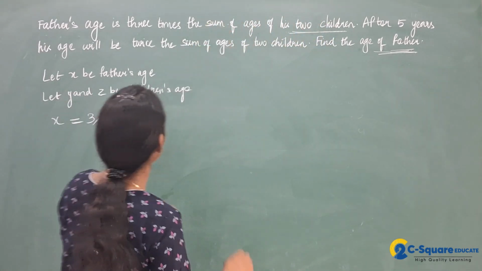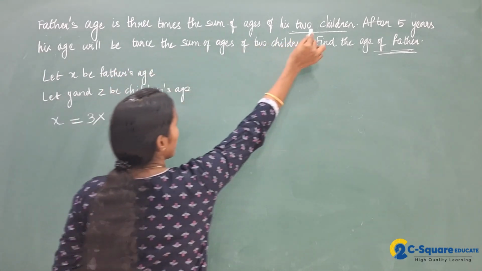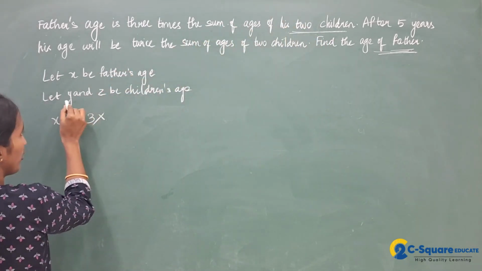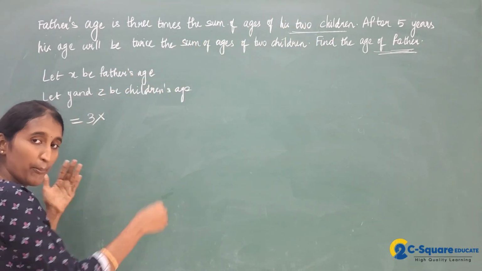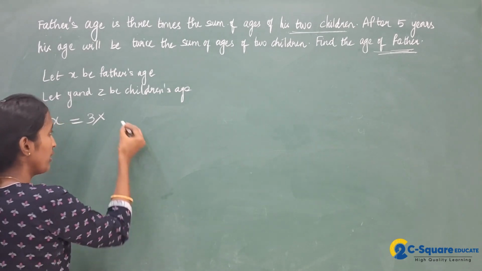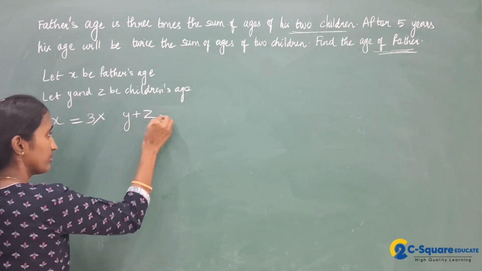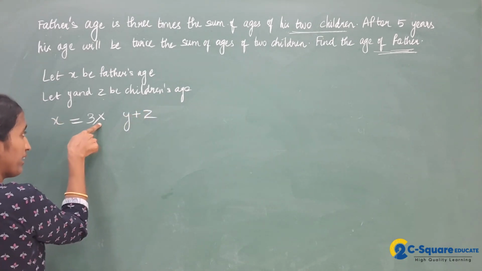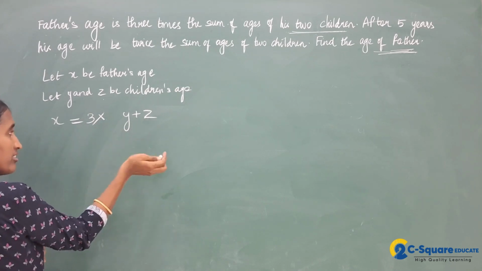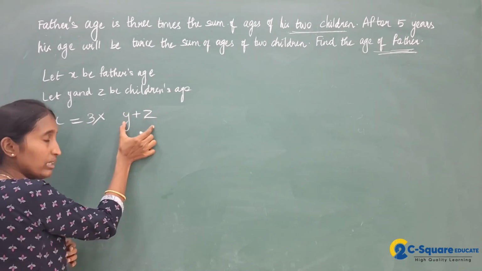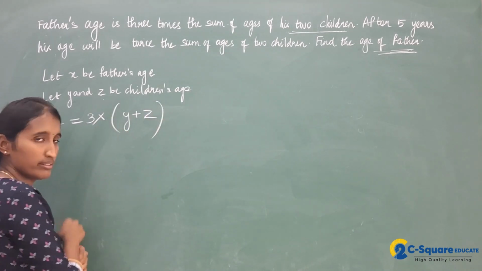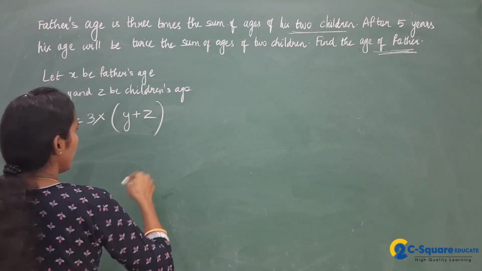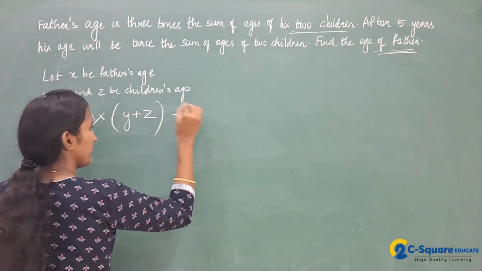What are the ages of 2 children? Y and Z. So the sum of ages of 2 children will be Y plus Z. And we have a multiplication sign. After the multiplication sign, we have more than one term, so we need to put a bracket. So X equals 3 into Y plus Z. Let's keep this as the first equation.